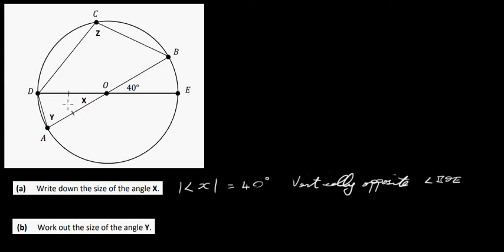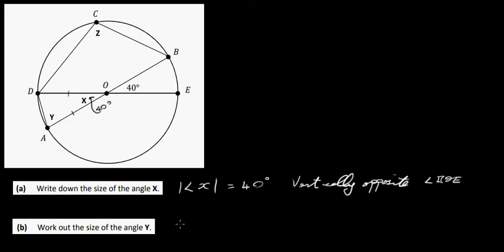So we know that X here is 40 degrees. So all we've got to do is subtract 40 degrees from 180 degrees. That will give us these two angles here. But because it's an isosceles triangle, these two angles are equal. So we just have to divide by 2 to give us Y.